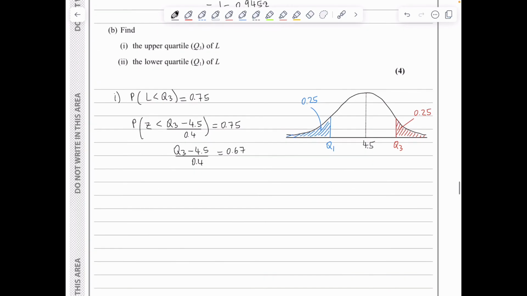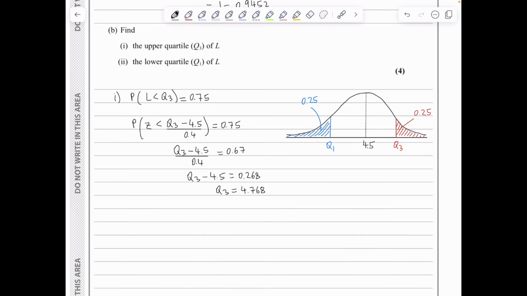I can cross multiply to get Q3 minus 4.5 is equal to 0.268, and therefore this leads to Q3 being equal to 4.768.